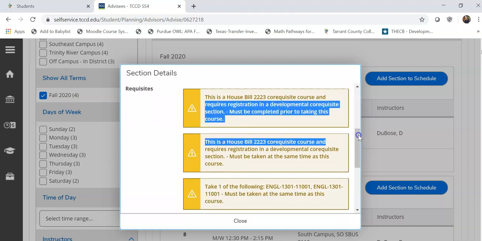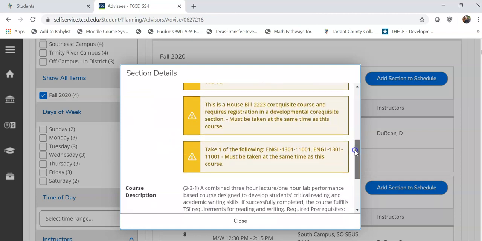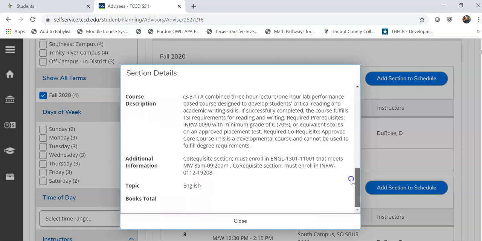And if there are any specific restrictions, like in this case, right here, it explicitly tells you in the instructions, co-requisite section must also enroll in ENGL 1301, 11001.